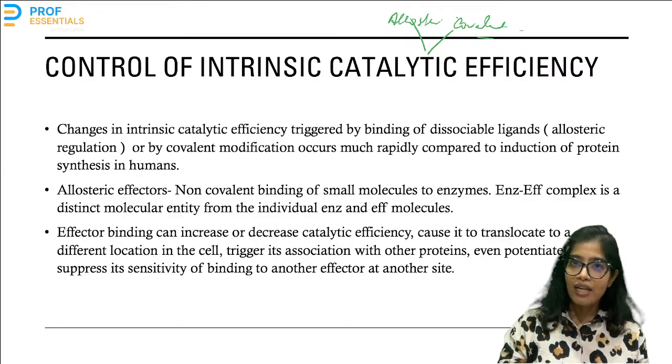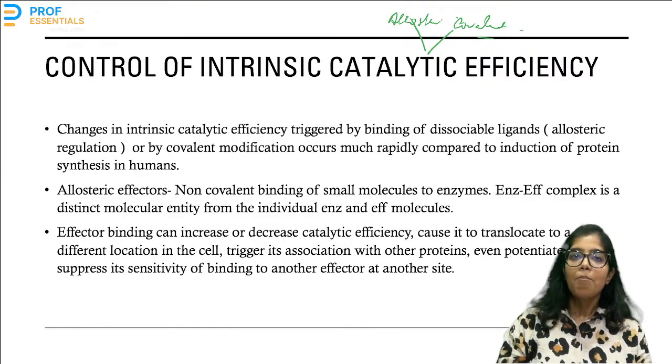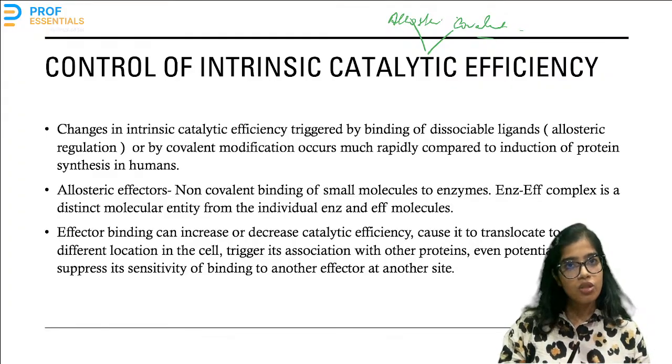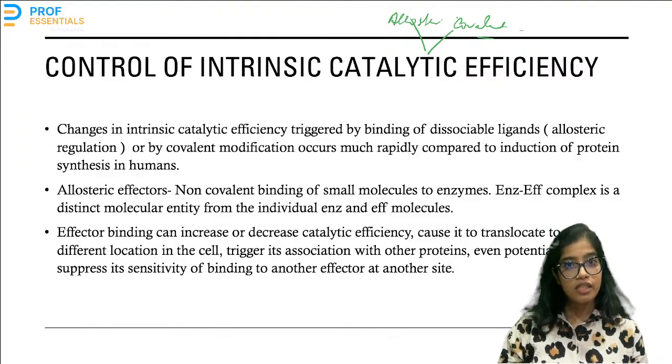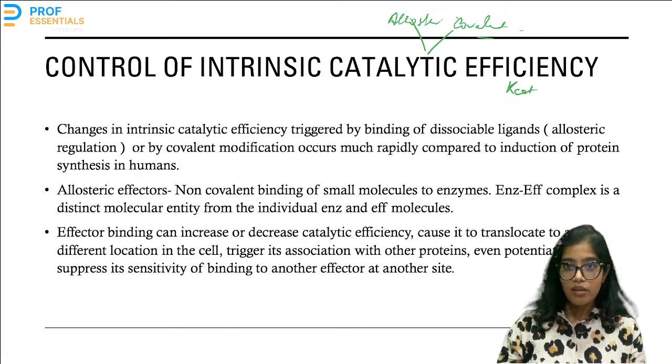How do you control the catalytic capacity of the enzyme? By either increasing or decreasing the enzyme synthesis and its concentration, or by increasing or decreasing the intrinsic catalytic efficiency of the enzyme. What was the intrinsic catalytic efficiency? Kcat, that is Vmax by total enzyme.